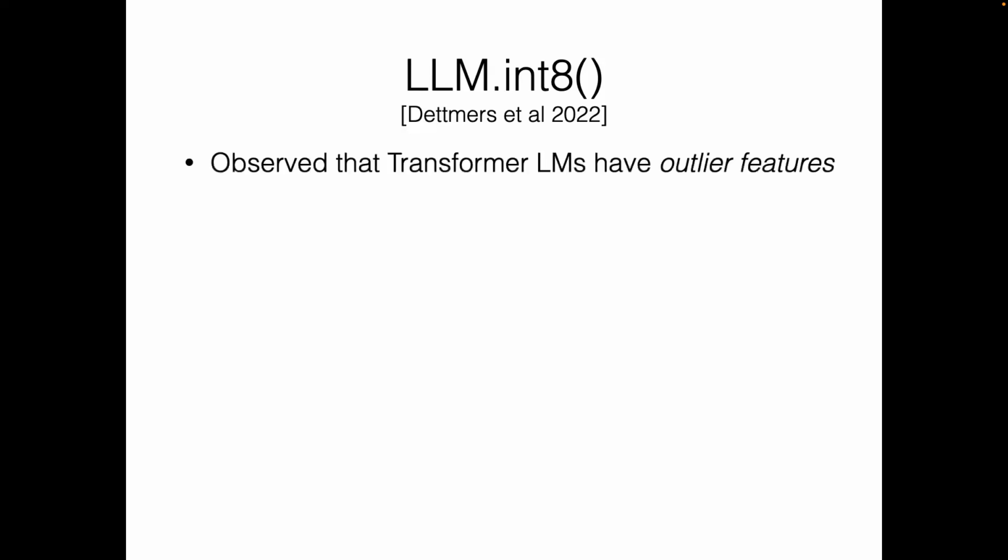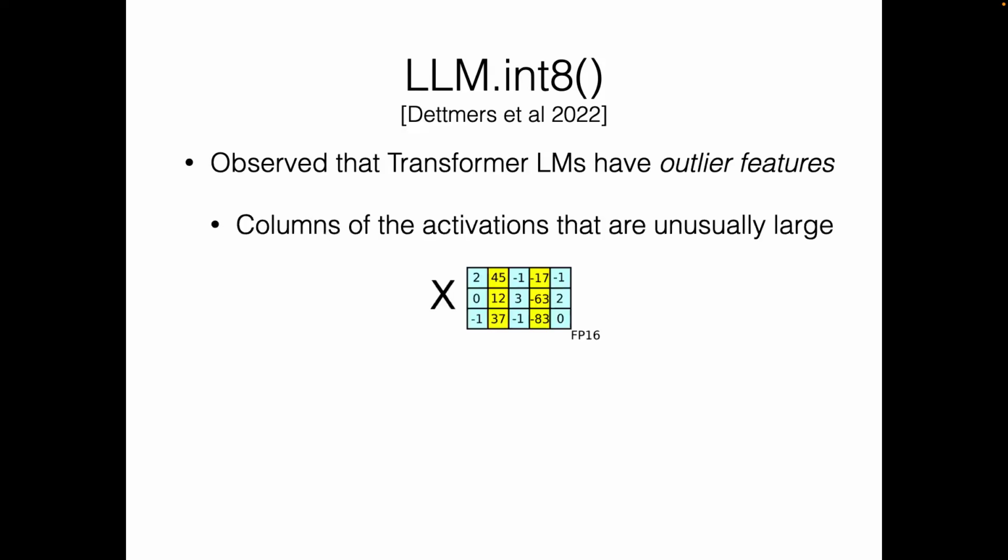Here's a really influential work by Tim Dettmers, who's now a professor here at CMU, called llama.cpp. What they observed is that transformer language models have certain features that are outliers. If you look at the columns of the activations, they noticed that consistently the networks would have columns that were much bigger than the other ones.